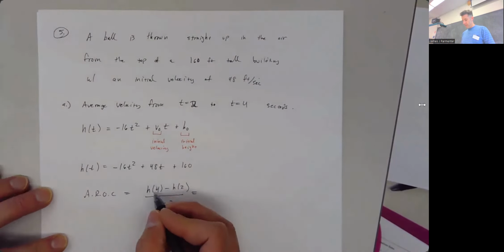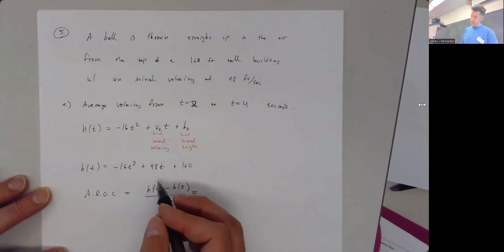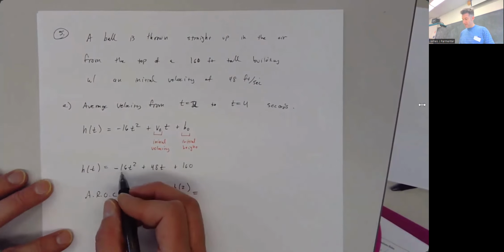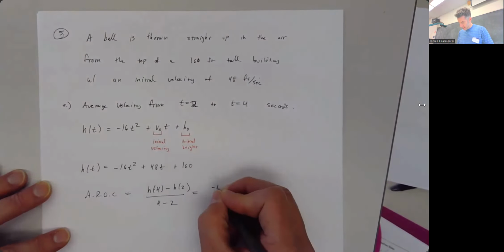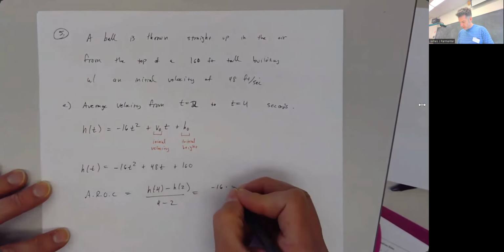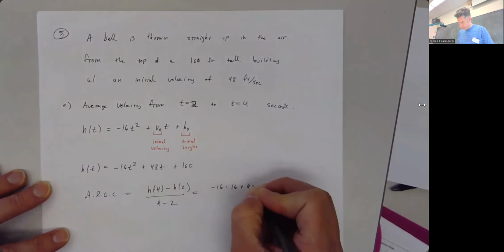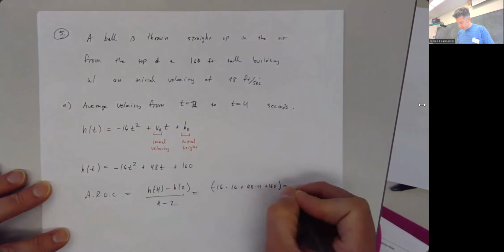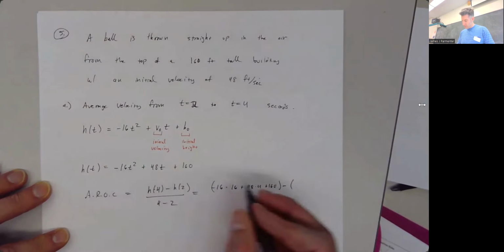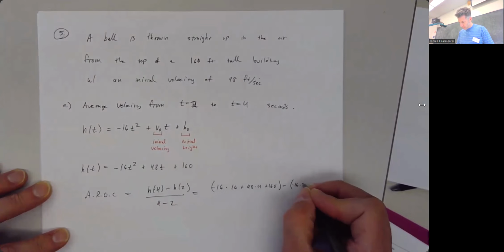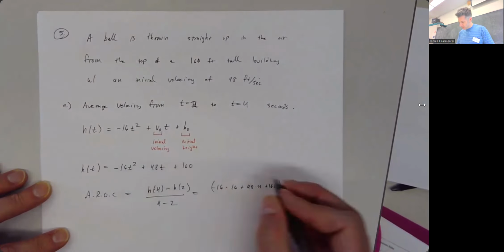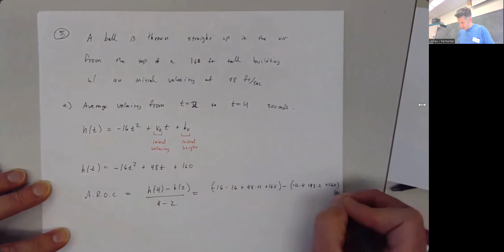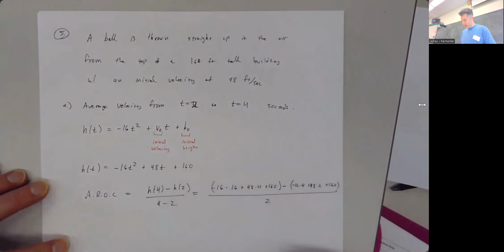So the height after 4 seconds of travel, well, if I plug in 4 here, I'm going to do negative 16 times 4 squared plus 48 times 4 plus 160, minus h of 2, which is negative 16 times 2 squared, so negative 16 times 4, plus 48 times 2 plus 160, all divided by 4 minus 2.